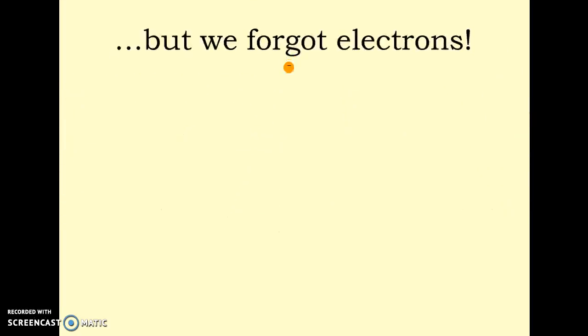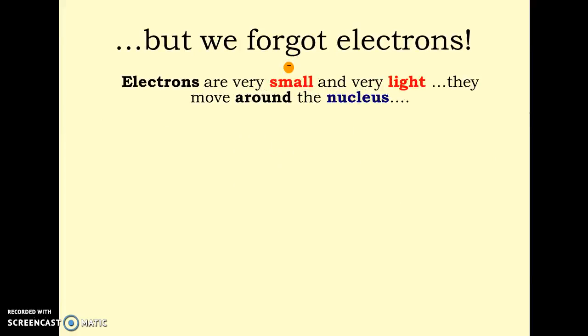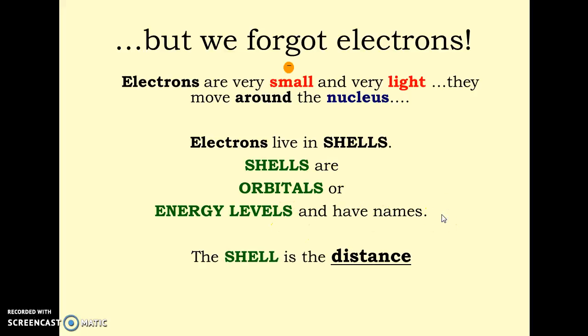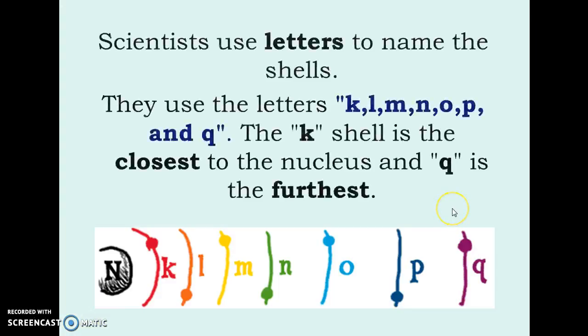But we forgot electrons. Electrons are very small and very light. They move around the nucleus and they live in shells. Shells are orbitals or energy levels, and they have names. The shell is a distance of the electron from the nucleus.